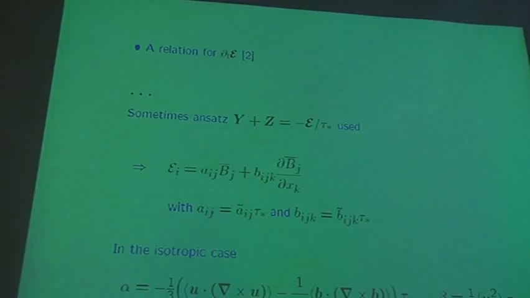This relation is very often used and very often quoted. The problem is that I don't know a clear justification for this ansatz. It looks plausible, but I don't know a clear justification, and I think nobody knows it. Or at least nobody explained it to me.